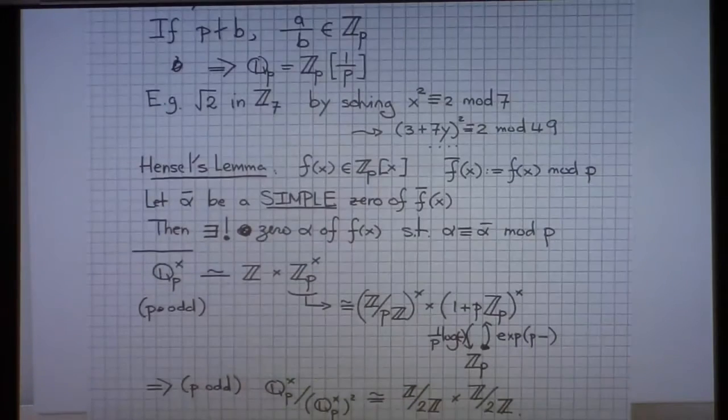And then using this, we talked about the group structure of Q_p cross. The way you do that is first we split off the p power, that's going to give you a Z. And then the rest will be those p-adic integers which are not divisible by p.